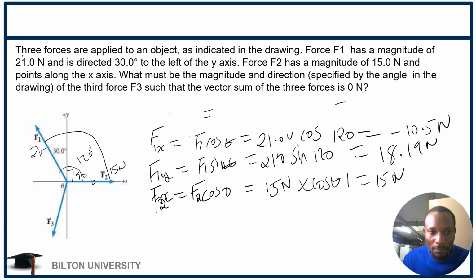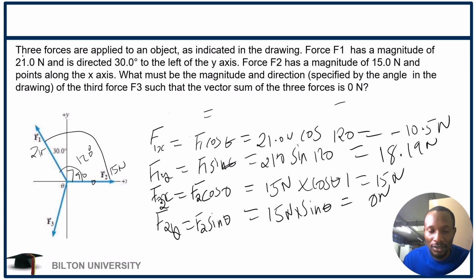And the Y component, F2y, is going to be the magnitude of F2 times sin theta, and sin 0 is 0, so 15 Newton times sin 0 is going to give us 0 Newton.